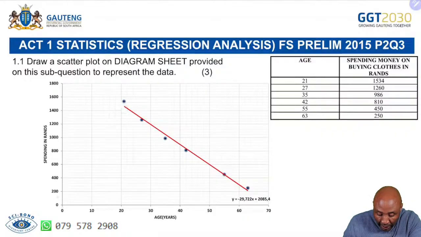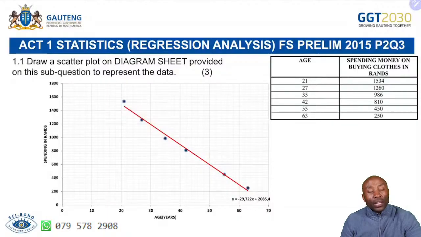And if you check this side, you are having 1, 2, 3, 4, 5 divisions, which means each of these smaller divisions will represent 40 rands. So 40, 80, 120, 160, 200, 240, 280, 320, 360, then we have 400. So we must be able to use that.